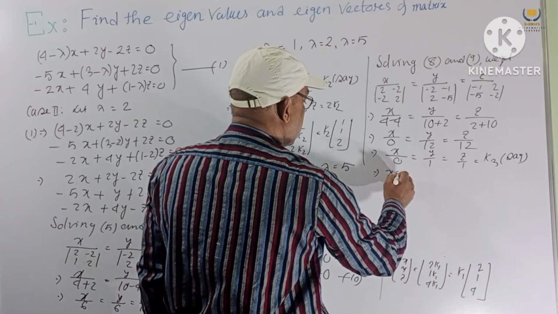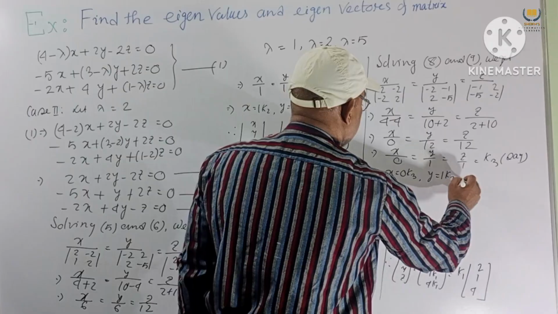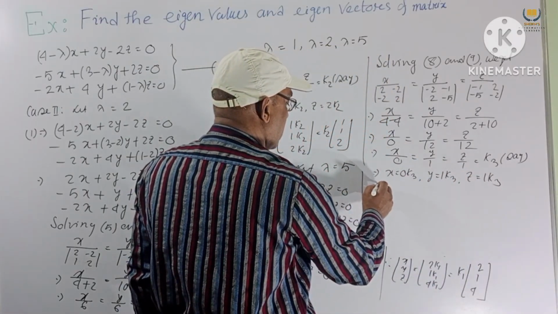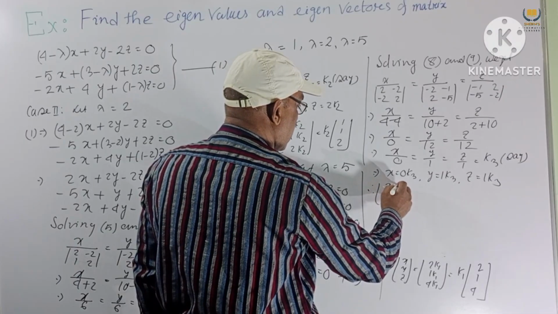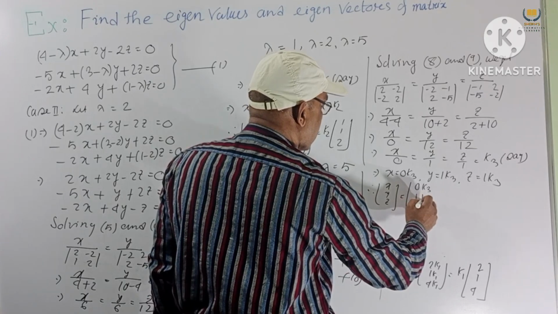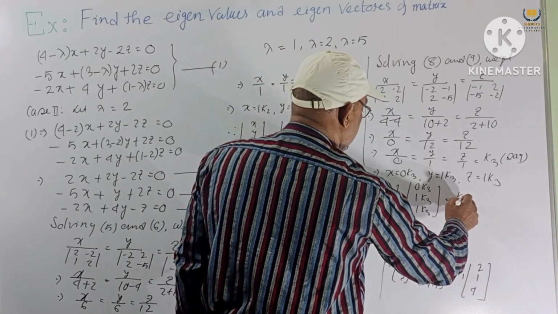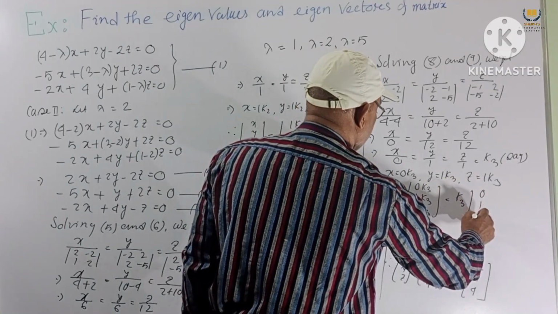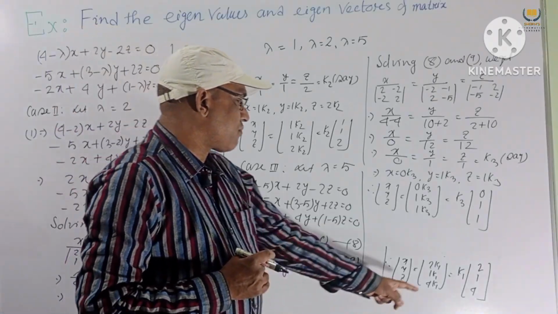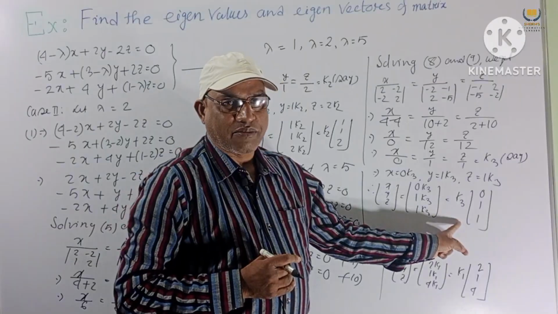This implies x equal to 0 k3, y equal to 1 k3, z equal to 1 k3. Therefore, x, y, z equal to 0 k3, 1 k3, 1 k3, and k3 common, we get 0, 1, 1. This is another eigenvector.